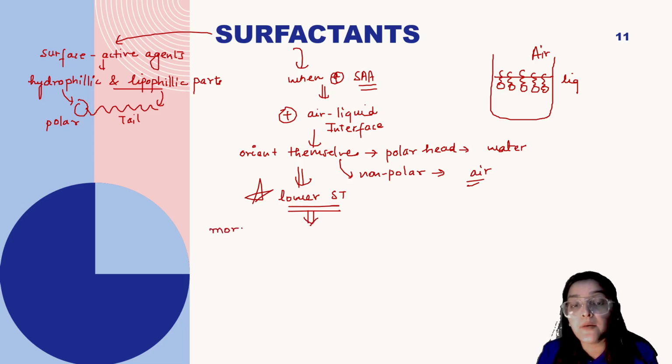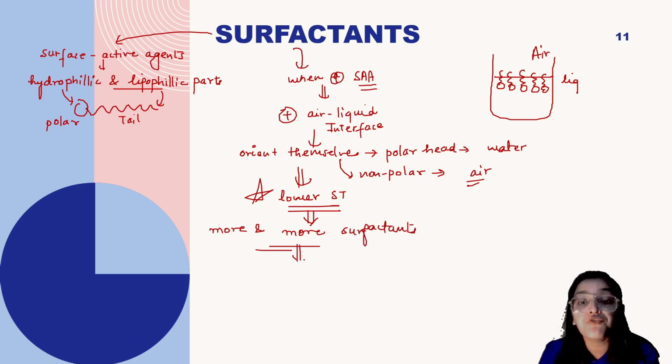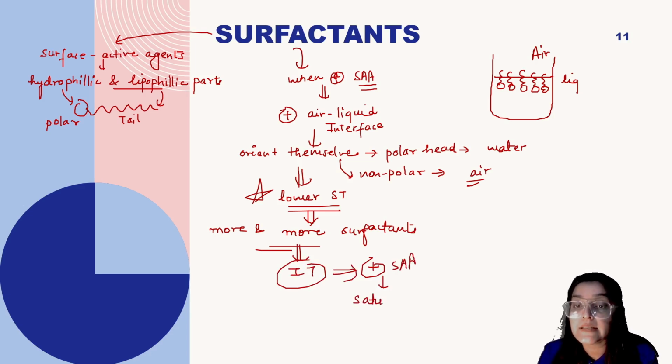Now as you try to add more and more surfactants, you are saturating the air liquid interface, which will further lower the interfacial tension. Upon further adding the surface active agents, there will be a point where complete saturation of the interface will take place.